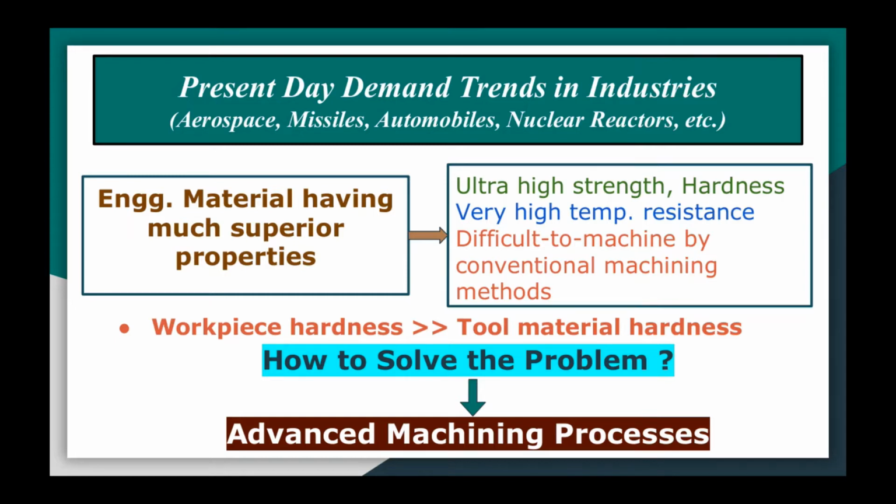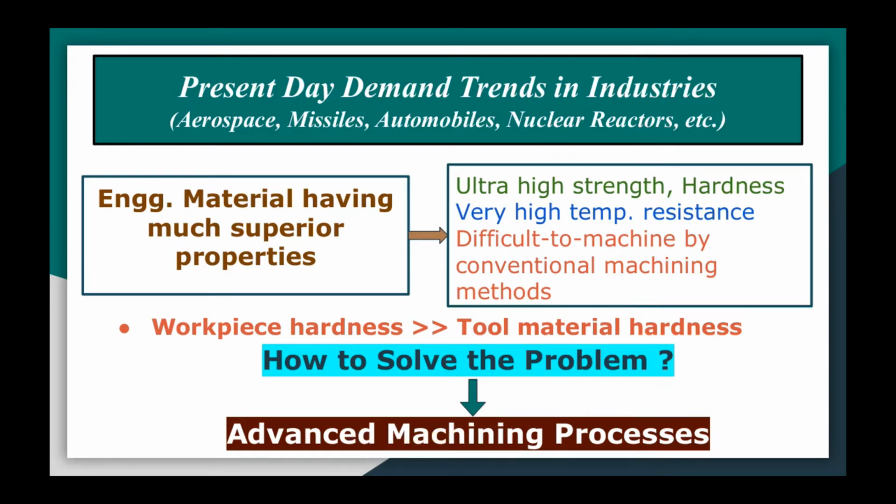Then the manufacturing area started to think of and evolve new manufacturing processes, new machining processes, and the result was that advanced machining processes were evolved over a period of time.